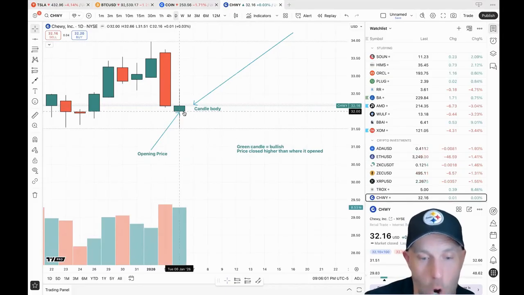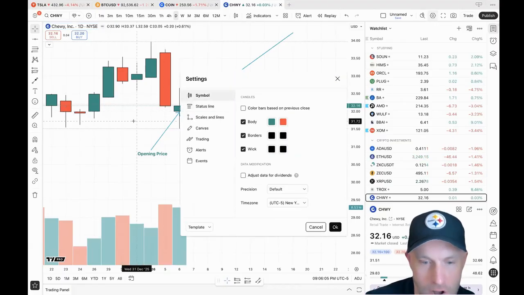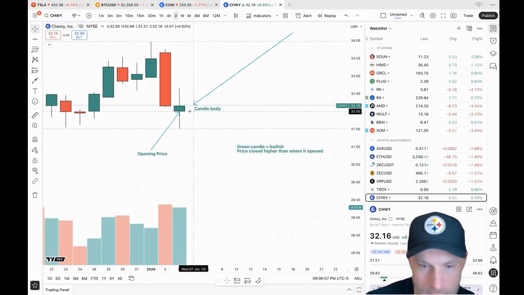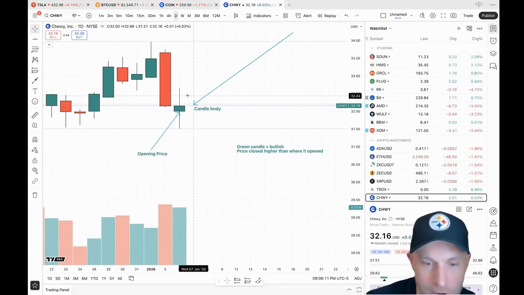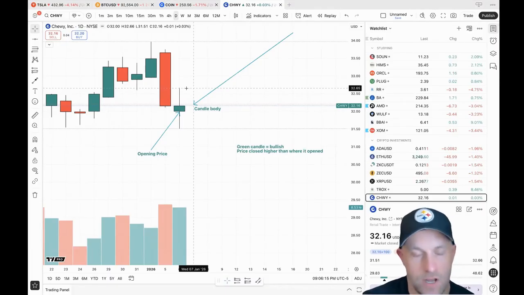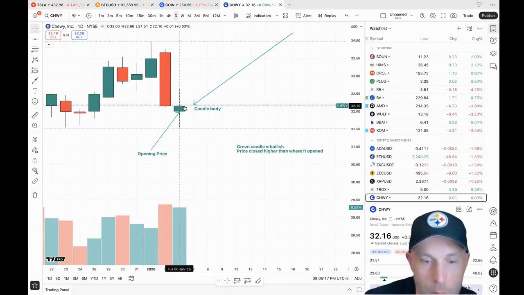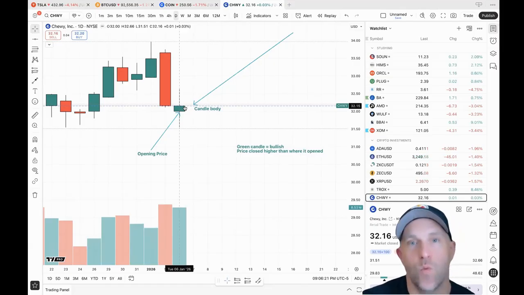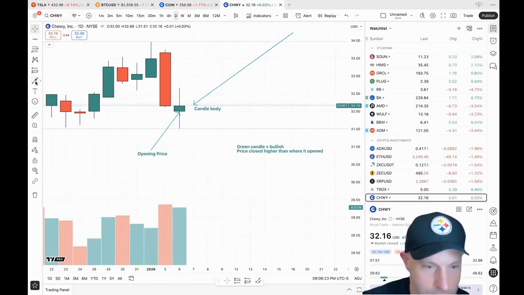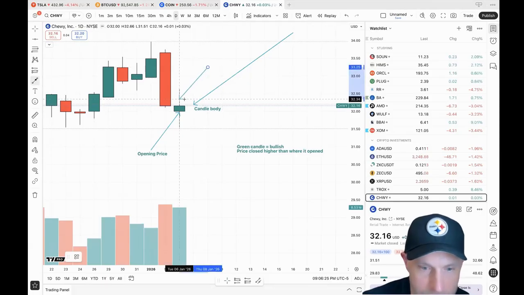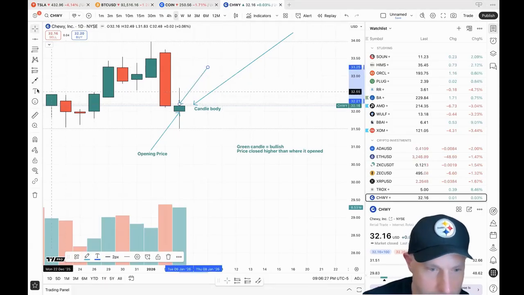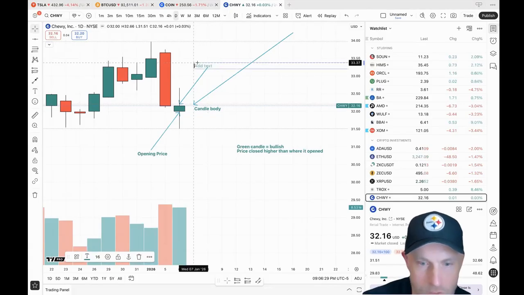So because we opened here at about $32, right? $32 even. The price pushed higher, and you can see it went all the way up here to 32.66, and we'll talk about that here in a second. But the top of the body here at 32.15 is where it closed. All right. So the top of this body, let me draw a line right here. This is the closing price.